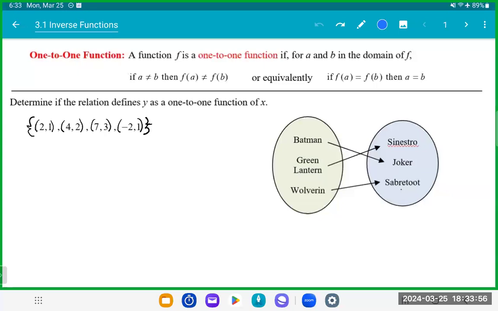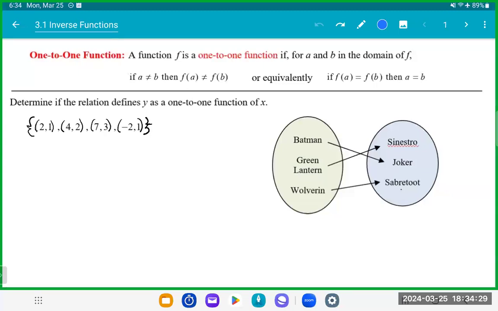Okay, so let's shift into our discussion on inverse functions. If you recall, we've talked about what it means to be a function in chapter 1. Now that I know what a function is, our functions are those things that pass the vertical line test, right? So now we're going to look at what it means to be a one-to-one function.